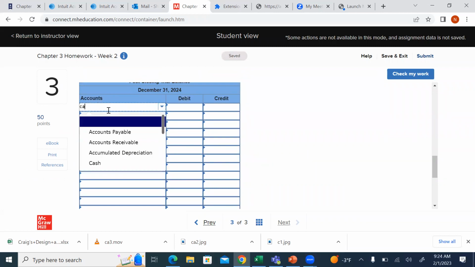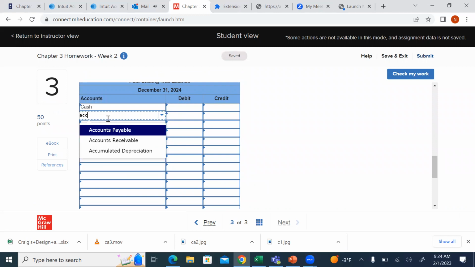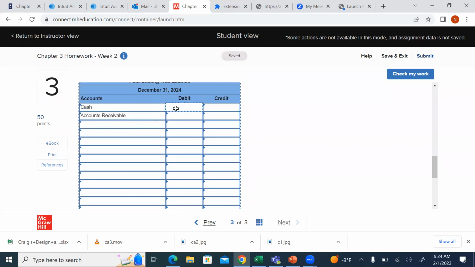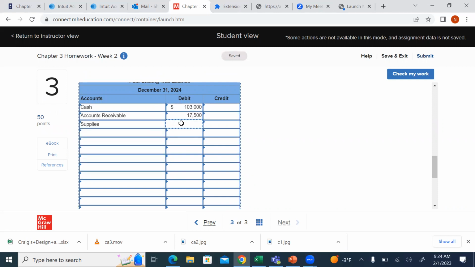So our cash, our accounts receivable. How much is the cash? 103. Accounts receivable. Next. 5,500. And next.